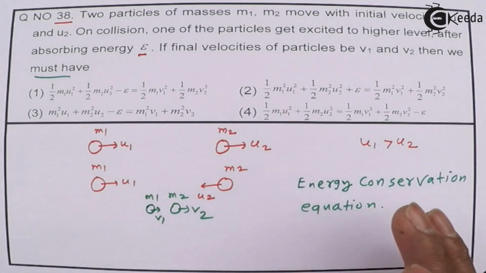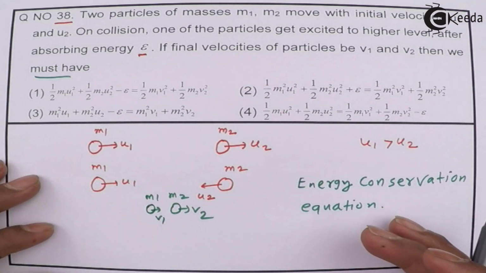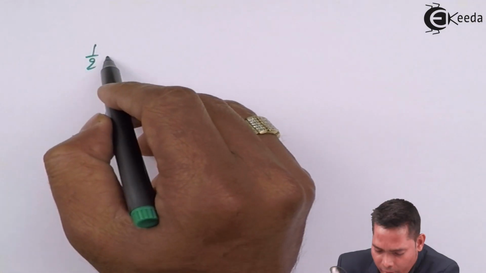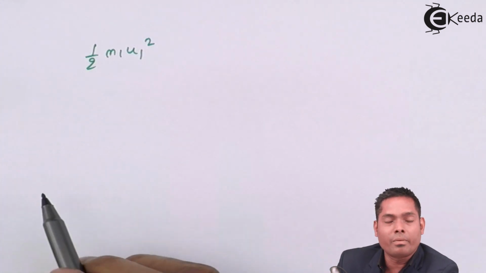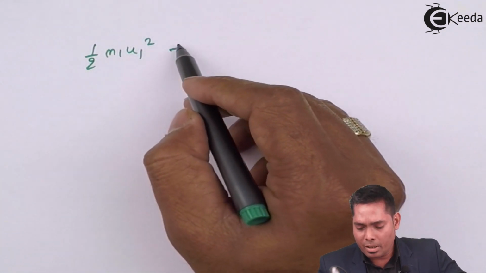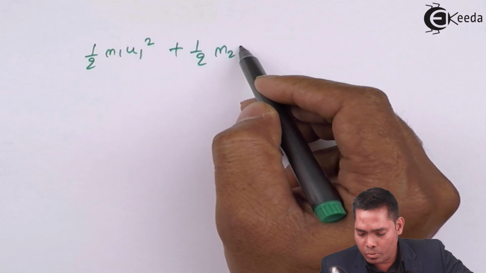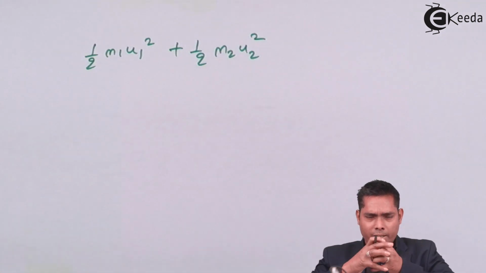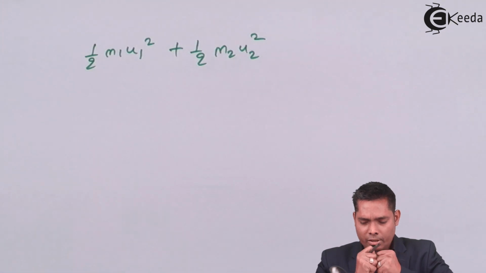So initial energy and final energy must be the same. What is that? Initial energy I will write as half m1 u1 square for particle 1. For the second particle I will write energy half m2 u2 square. This is the energy they have just before colliding.